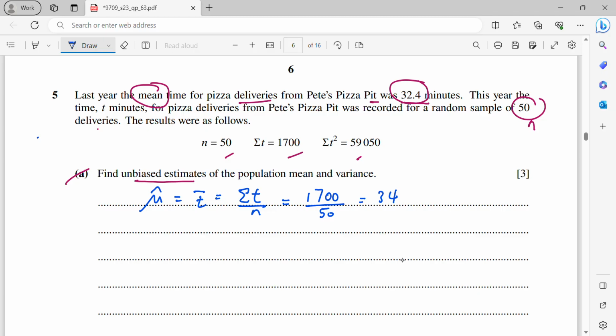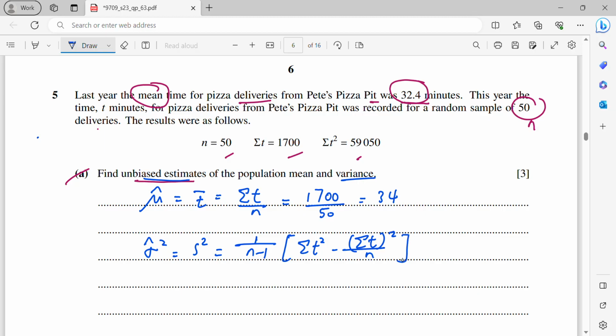And then the unbiased estimate for the variance is sigma square hat. The hat means unbiased estimate, or I would say it is the estimated value. This is the same as the sample variance. The sample variance formula is 1 over n minus 1, times summation t squared minus (summation t) squared over n.